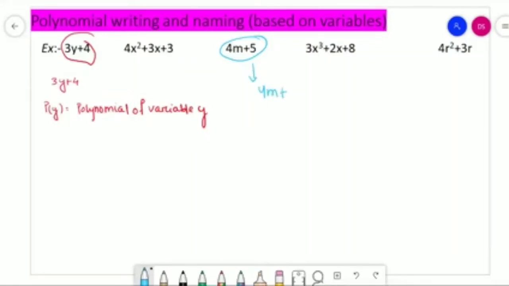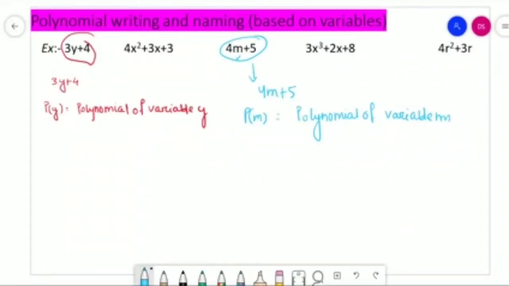4m plus 5. Here you can see one variable, that is m, so it can be written as P(m). This can be read as polynomial of variable m.